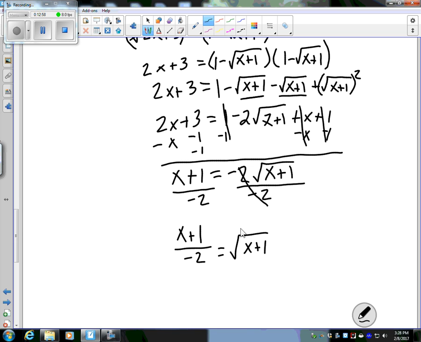Square it. Square the left side. So when you're squaring a fraction, you square the numerator and you square the denominator. So I have x plus 1 squared, so that's x plus 1 times x plus 1. And then you have negative 2 squared, which is 4. Equals x plus 1.